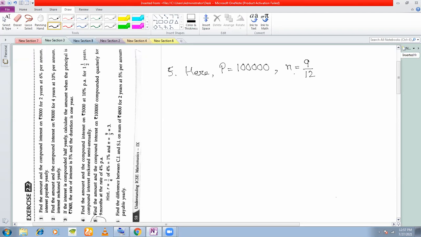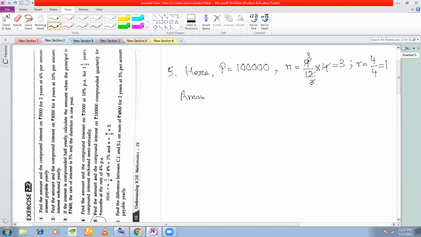Now because we are compounding the interest quarterly, this has to be multiplied by 4. Do you agree with this? Yes, sir. So first convert to years and then multiply by 4. So you cancel, you get n is equal to 3. And the rate, what is the rate here? 4% per annum. So we divide the rate by 4, so you get 1. So now we'll find out the amount.